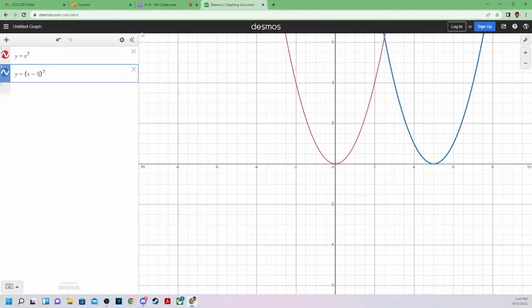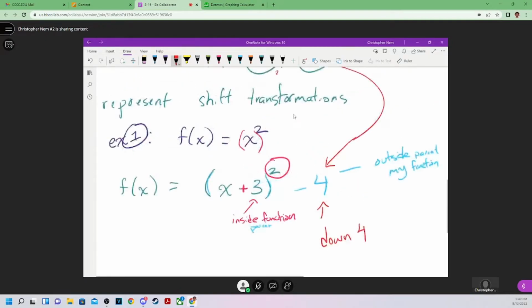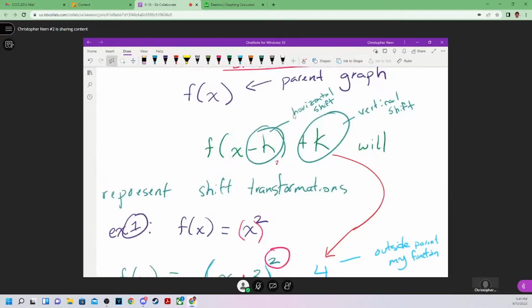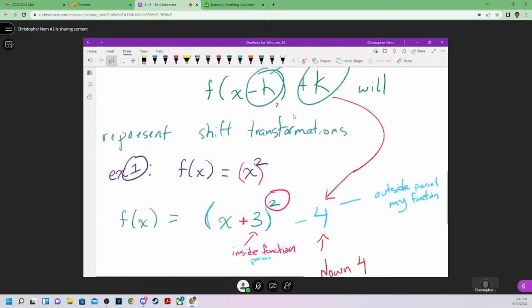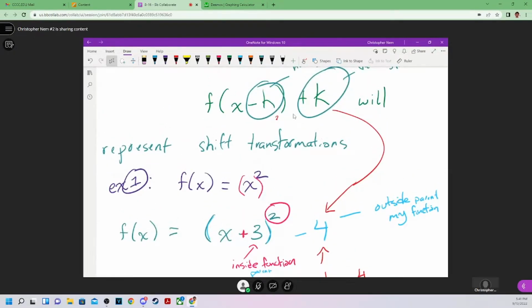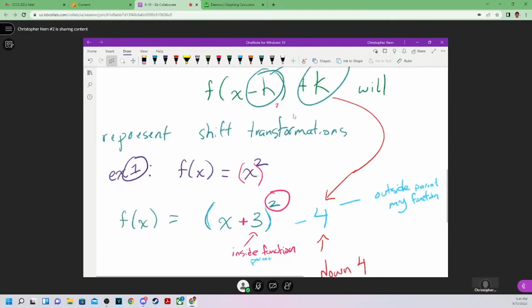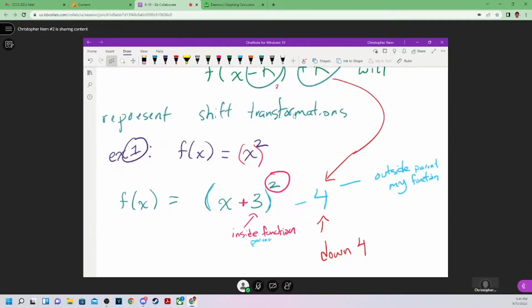That's strange. If we look over here, my formula included -h. That means I will go in the opposite direction as your shift is supposed to go. So normally, intuitively, you might think, hey, if it's a +3, I'm gonna go right 3. However, because our function states that we're going -h, we have to go to the left 3.